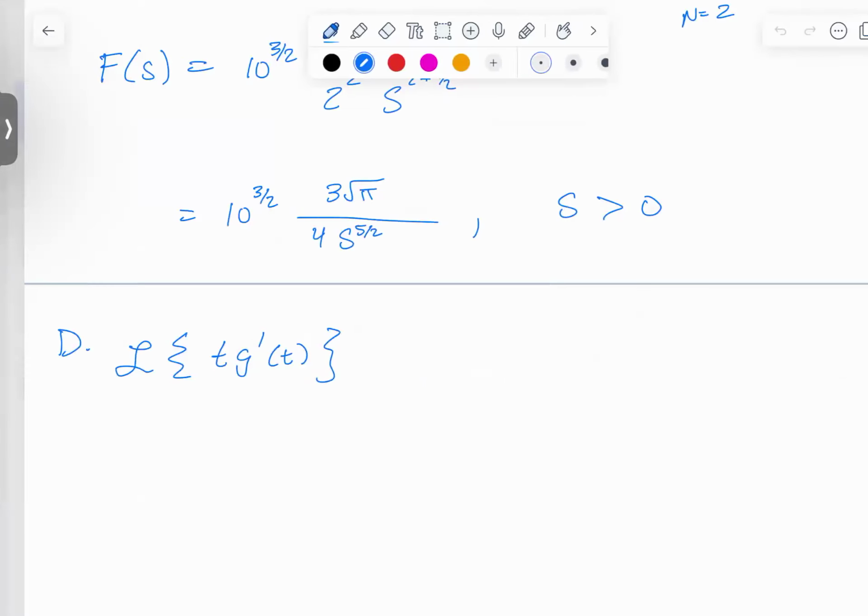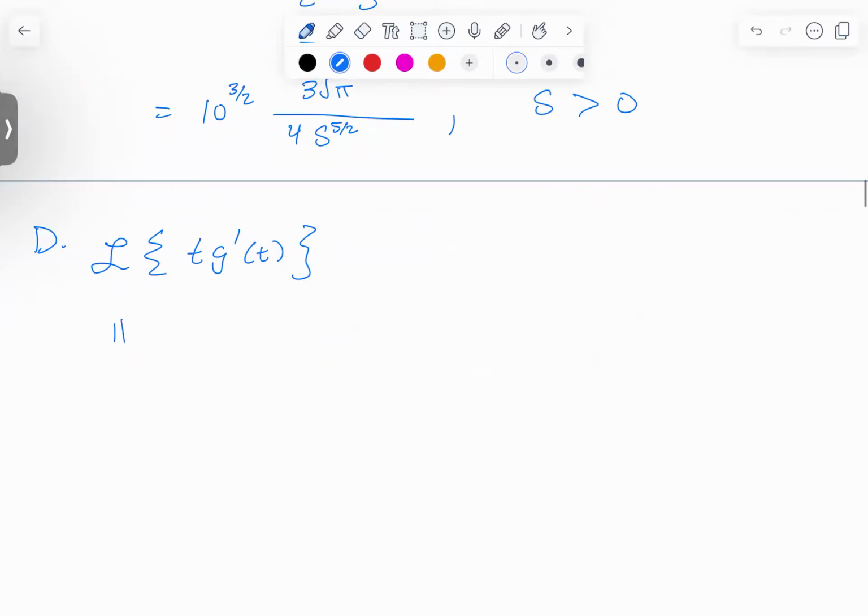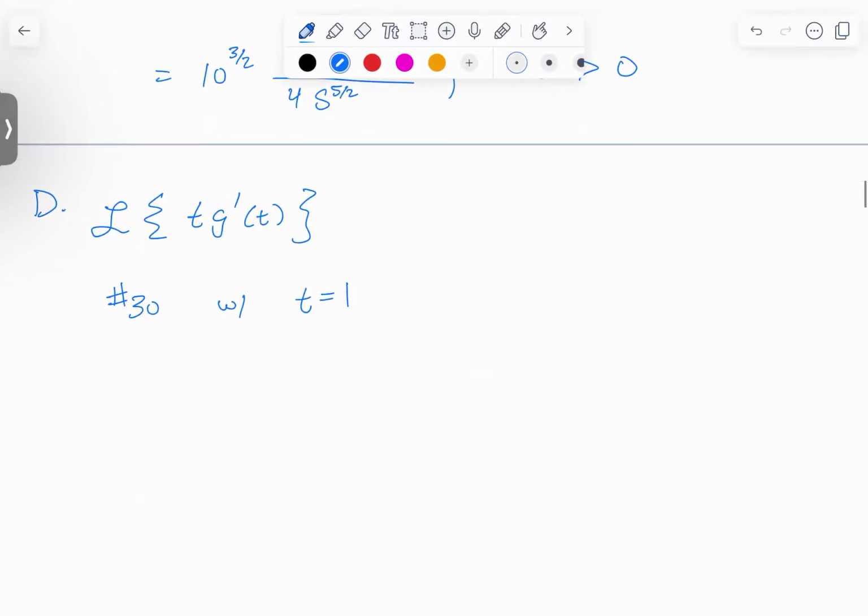Okay. All right, so definitely number 30 with t equals 1. And so we see how often we use that.